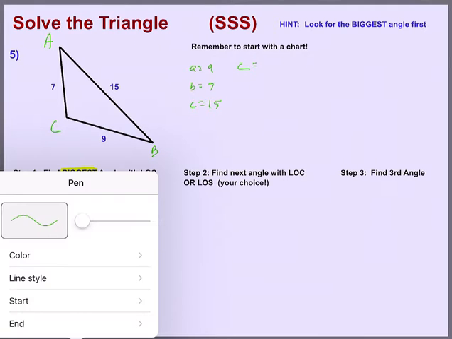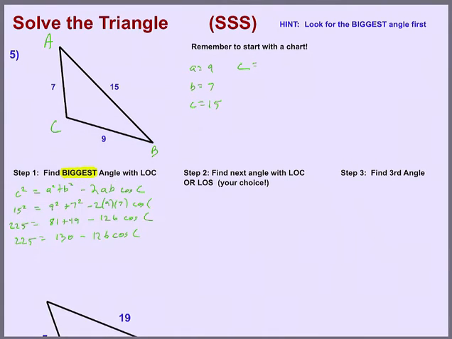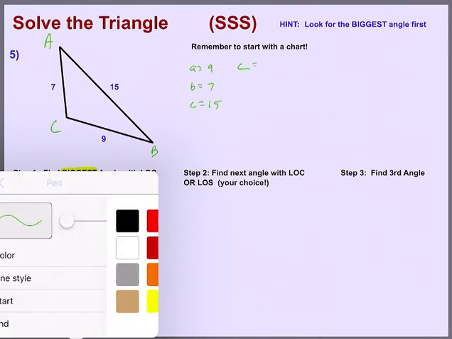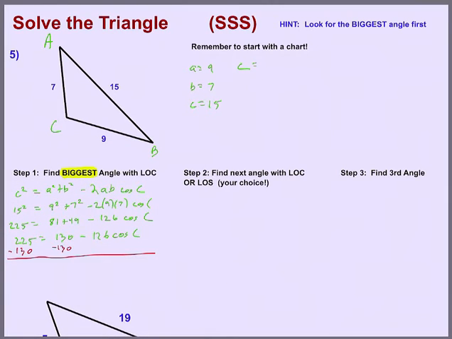So what we can do instead is move the 130 over. And so we get 95 is equal to negative 126 times the cosine of C. And so cosine of C equals negative 95 over 126.